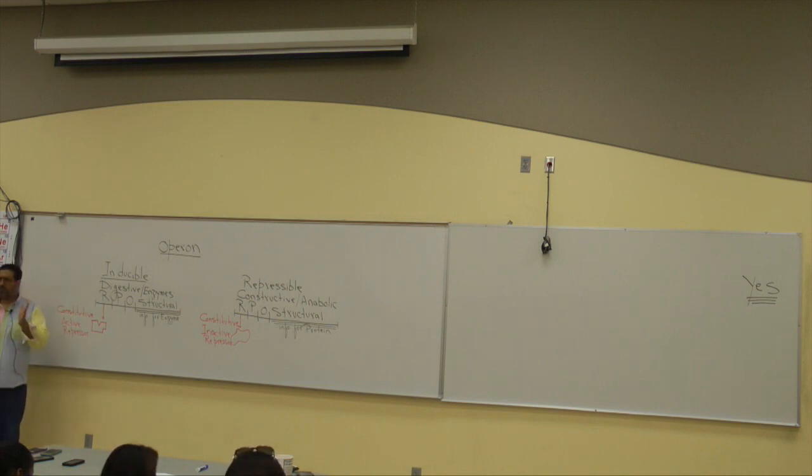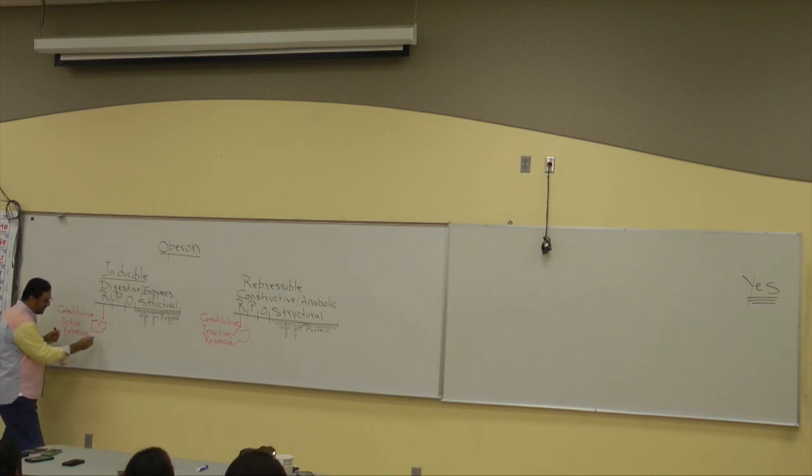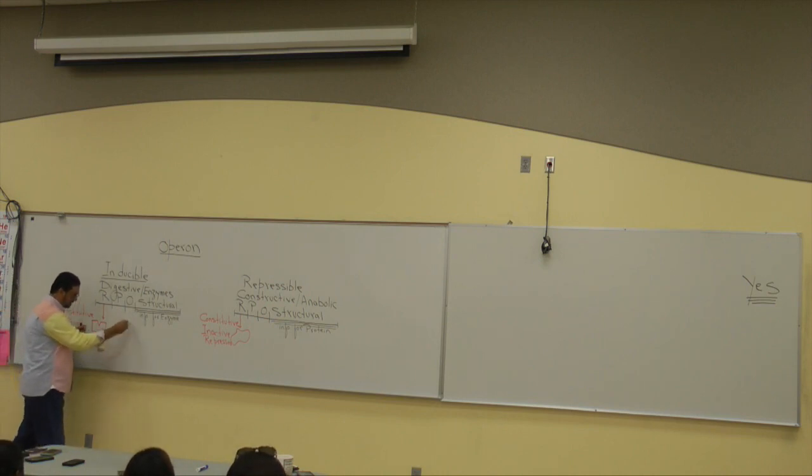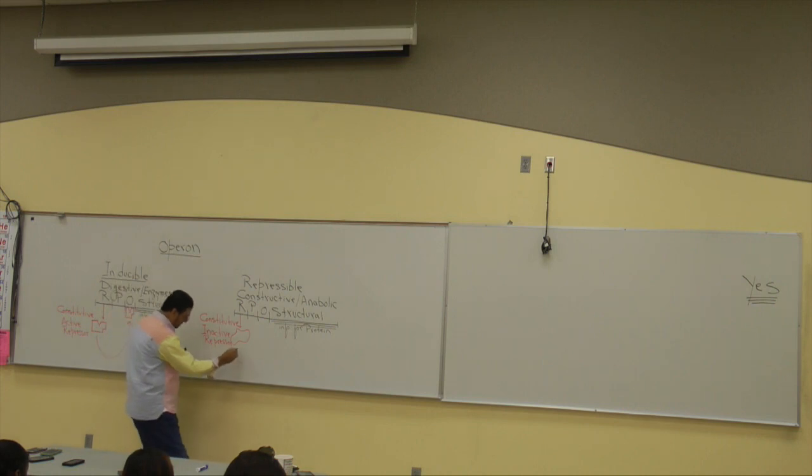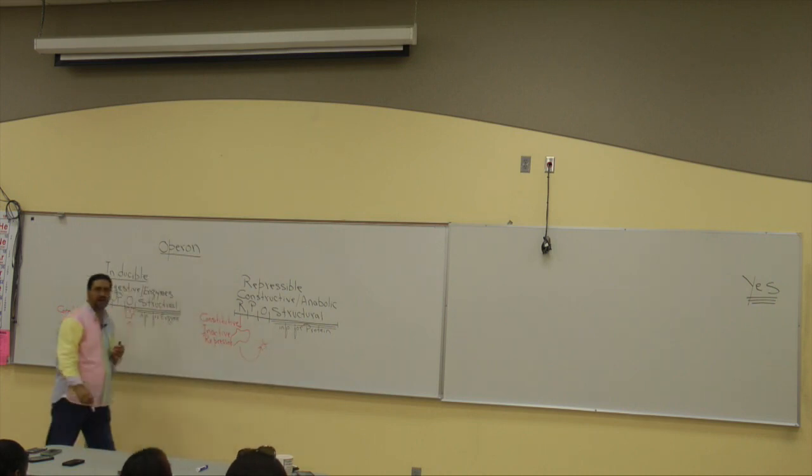To bind to the operator. As soon as it is made, it attaches to the operator site. That is the function of the active repressor. Here it is inactive and cannot bind to the operator.